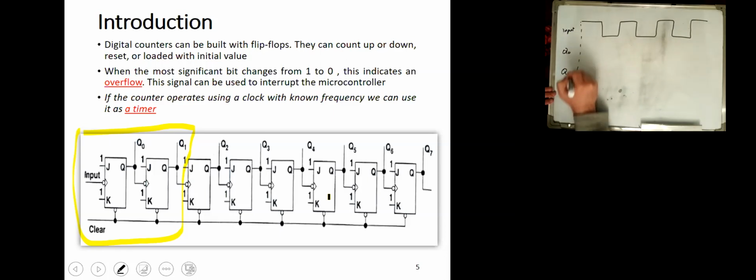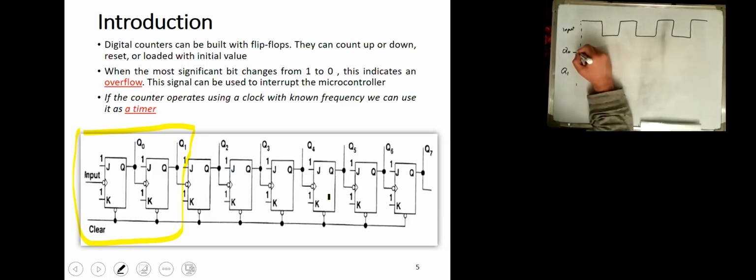Now, if we assume that Q0 is initially 0 at this moment, Q0 is only allowed to change at the falling edge, which is here. So before this time, Q0 will remain 0. Now at this instant of time, there is a falling edge. So both J and K are allowed to affect Q. And the way they affect Q now is toggle.